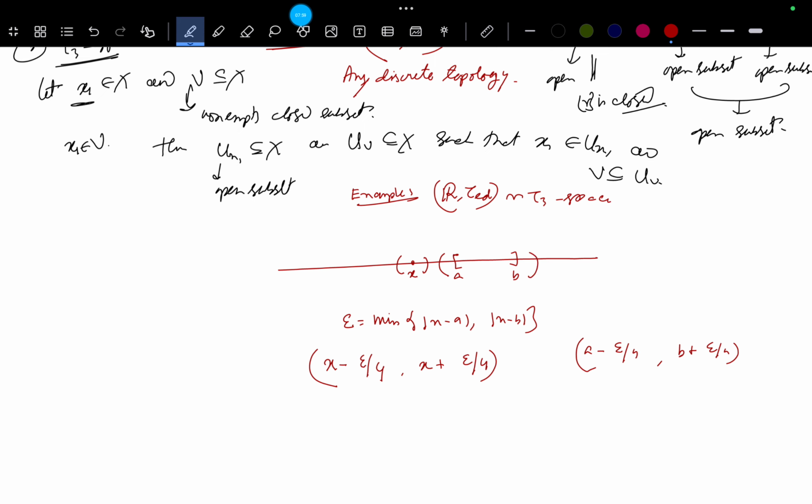This is how one can define it. And we know that by the structure theorem we can characterize the closed subsets of R by closed intervals, so it is enough to work with closed intervals.